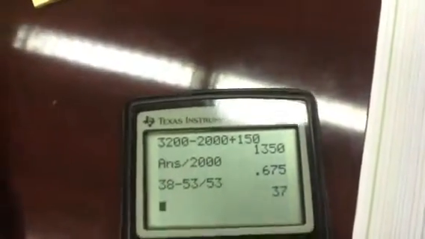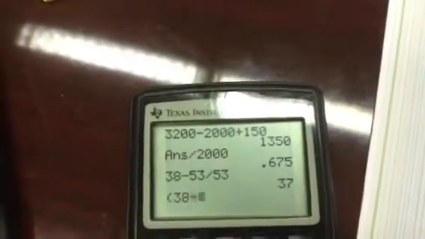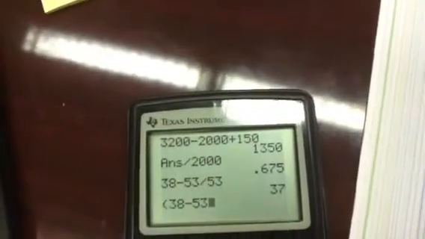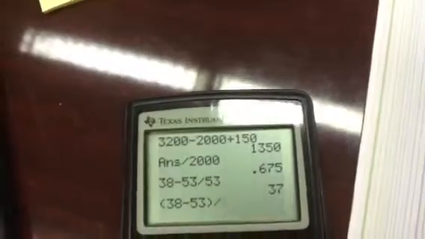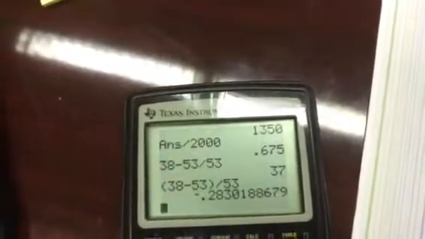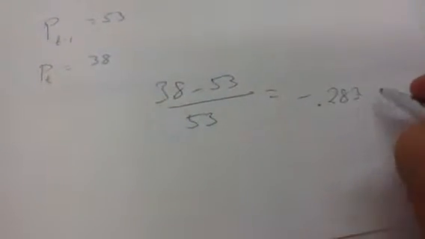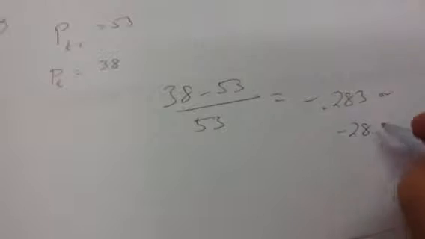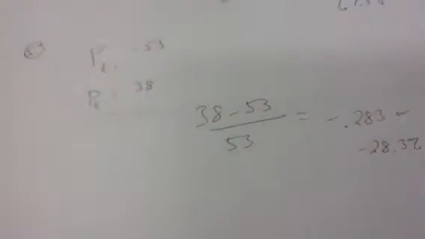You want 38 minus 53 divided by 53, and you get negative 0.283. Or negative 28.3%. Okay. So that's number 1 and number 5.